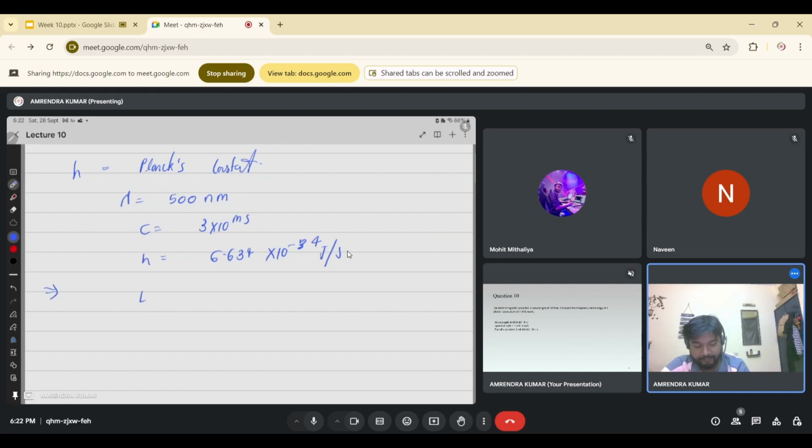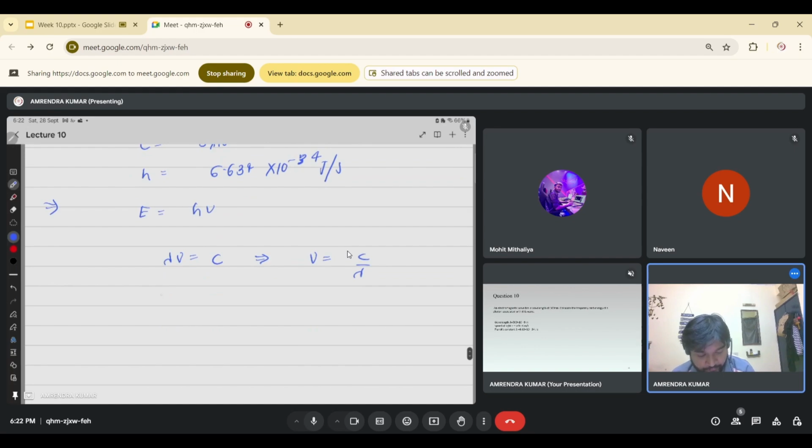So we can first calculate h nu. Before that we have to calculate the frequency. We have seen previously that c equals lambda nu. That means nu will be c by lambda.